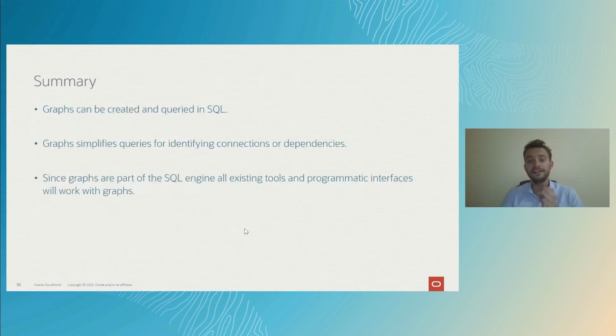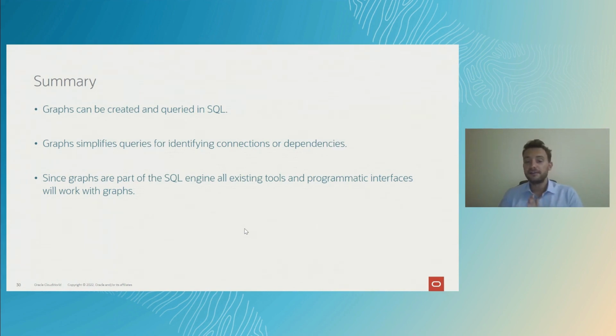Right. So this will conclude my presentation. In summary, what we have seen today is that graphs are now available in SQL. What does it mean? They can be created and queried in SQL. Graphs give you a powerful tool to identify connections or dependencies in your data and query them.